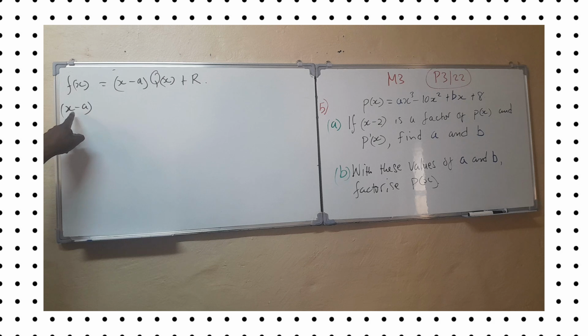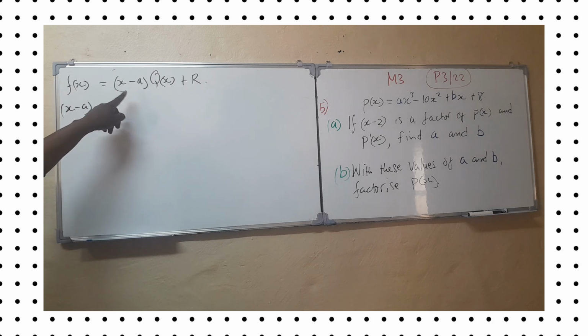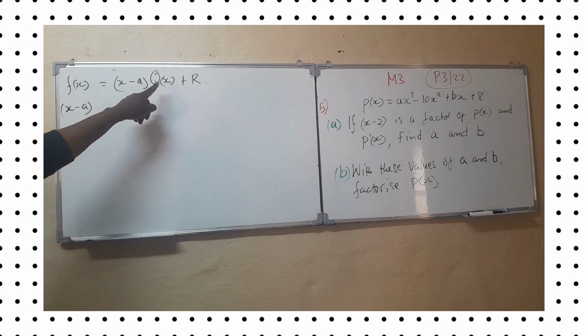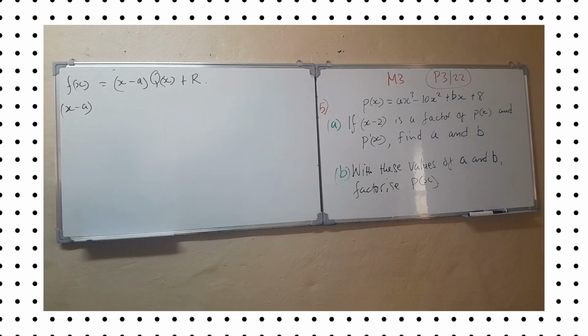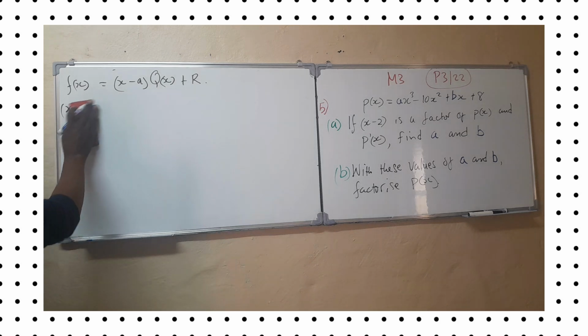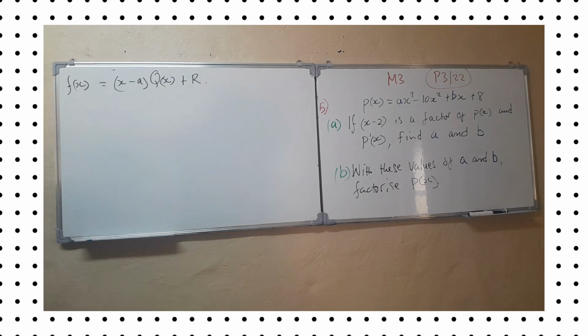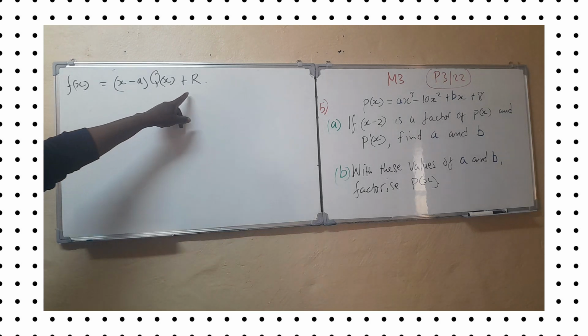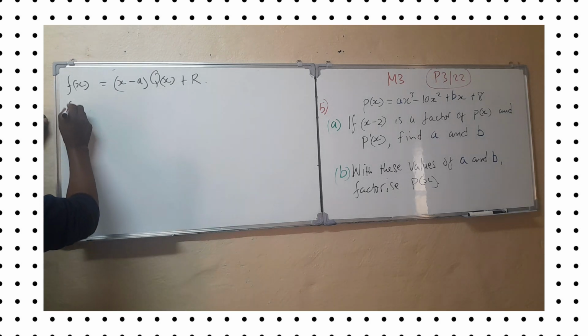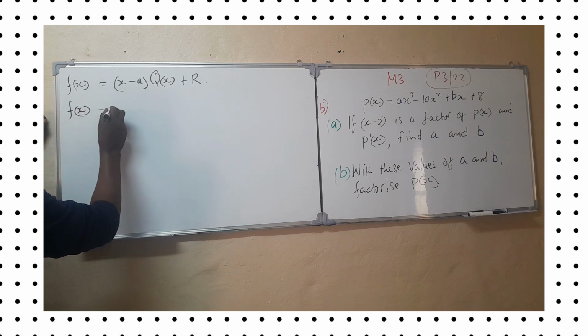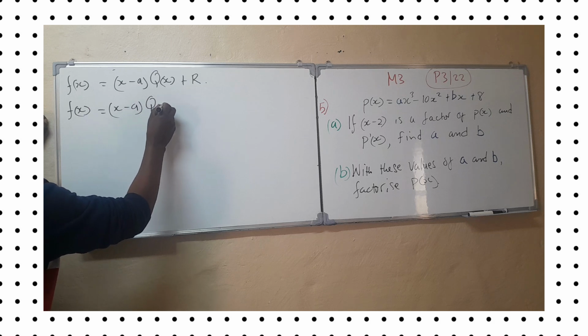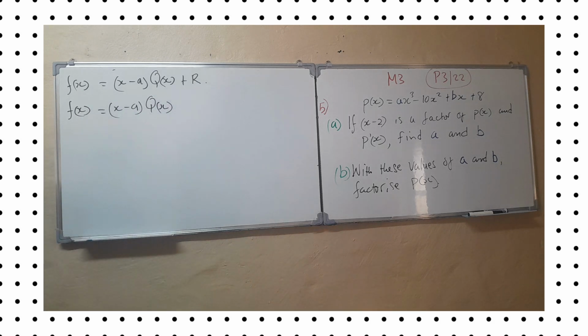F of x is divided by x minus a. Then we can write x minus a times this quotient, q of x, plus the remainder r. Now, if x minus a is a factor of f of x, then we know that there is no remainder. In other words, r is equal to 0. So f of x will be written exactly as x minus a multiplied by the quotient q of x.